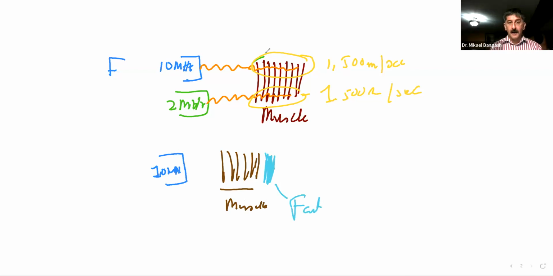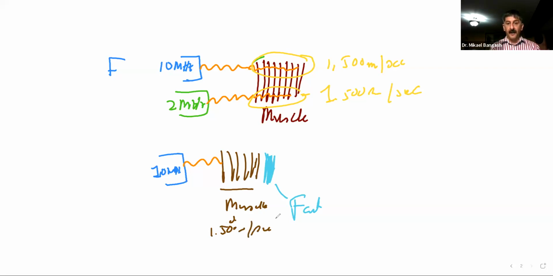Now, this is a 10 megahertz transducer, so it's going to produce a sound wave with a 10 megahertz frequency. Clear? As that sound wave travels through the muscle, it travels at the same 1,500 meters per second.